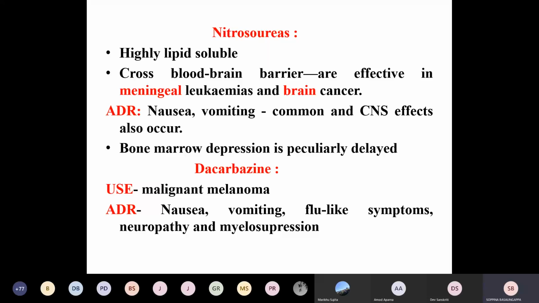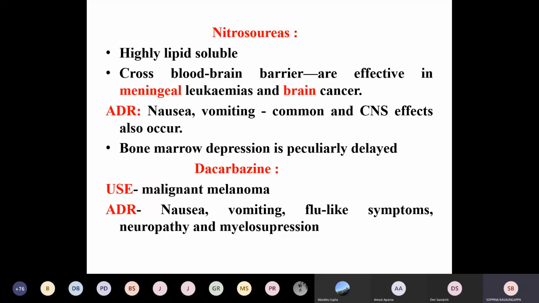Coming to nitrosoureas, these drugs are highly lipid soluble. When the drug is highly lipid soluble, there are chances of them entering the CNS. So they cross the blood-brain barrier because they are highly lipid soluble. So they are effective in meningeal leukemias and brain cancers.